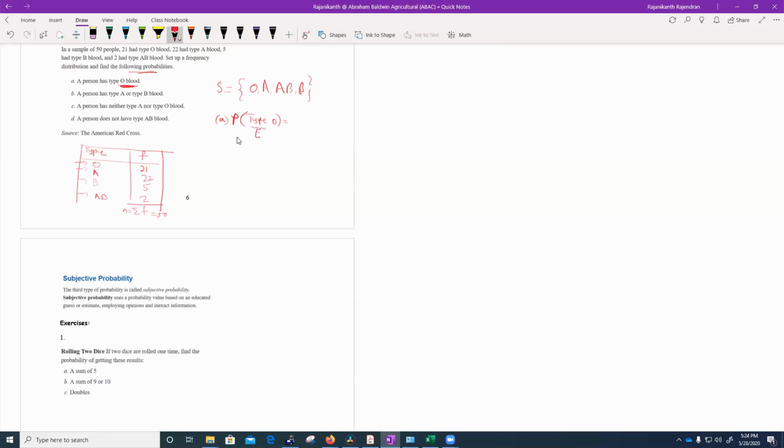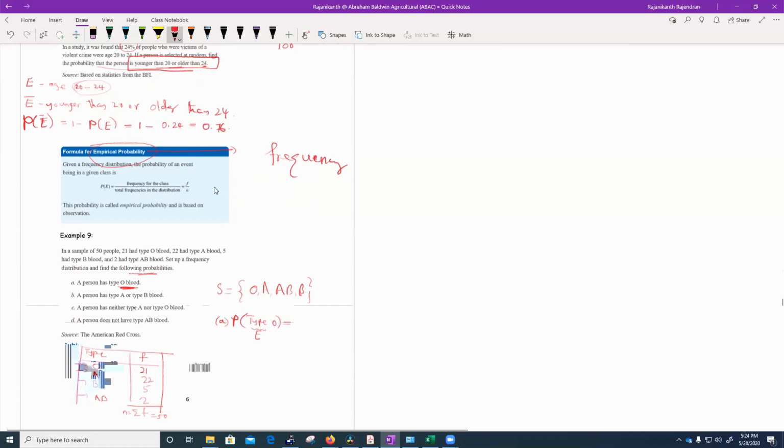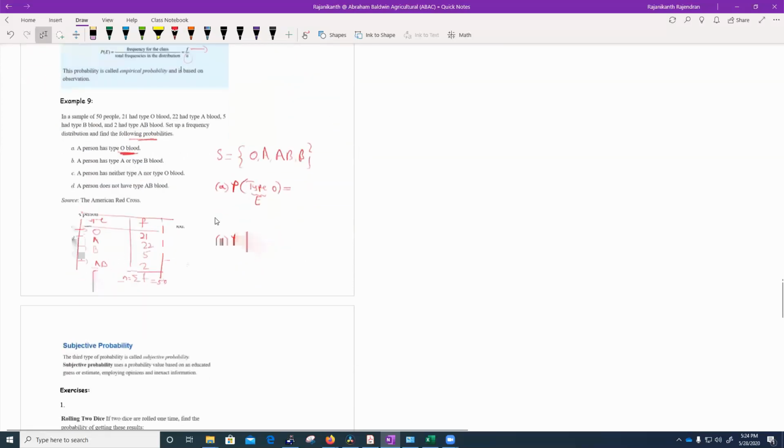So remember, I have a frequency distribution table. Therefore, I'm going to use my empirical probability formula. The probability of any event E is given by the corresponding frequency divided by total n, the total value of your outcomes.